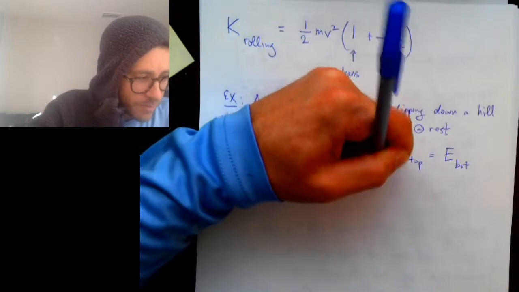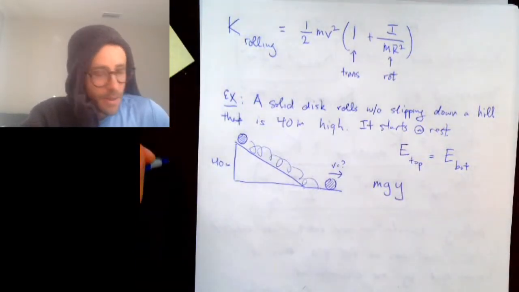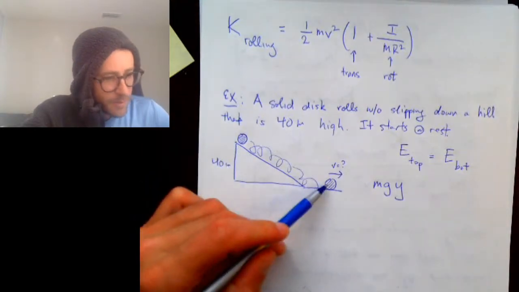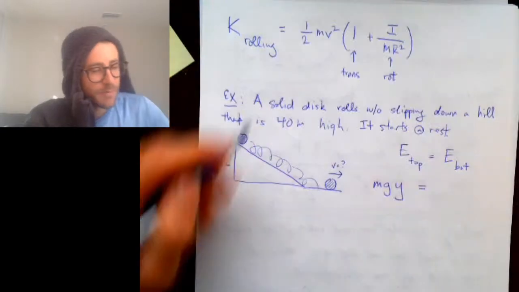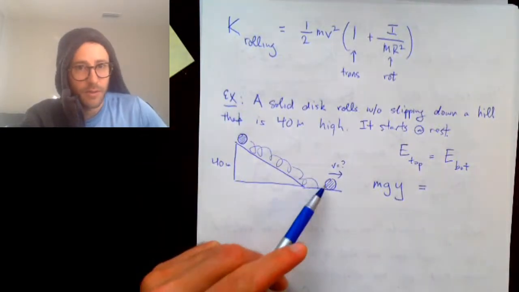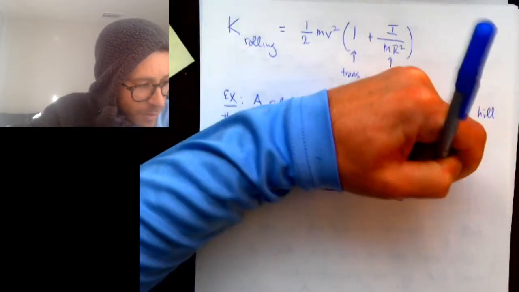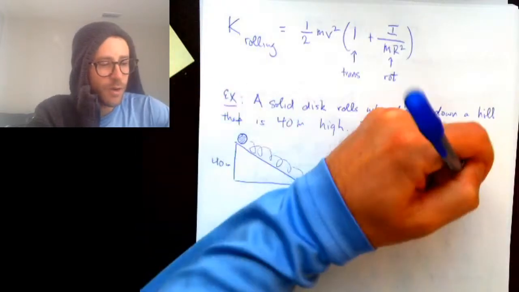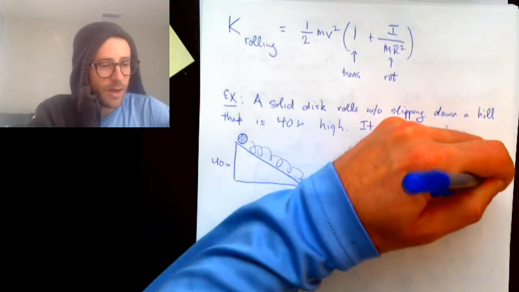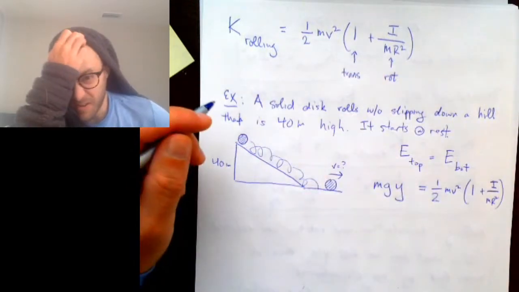So we have mg(y). And at the bottom of the hill, we have the rolling kinetic energy of the solid disk. Okay? So that's going to be 1/2 mv squared times the quantity 1 plus I over mr squared.